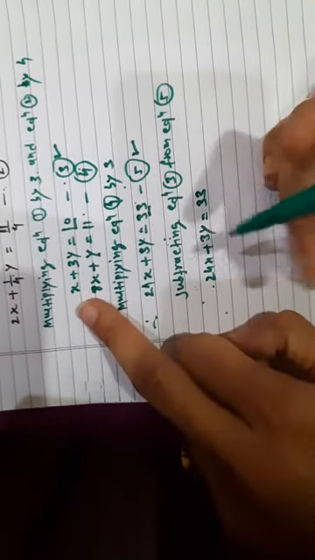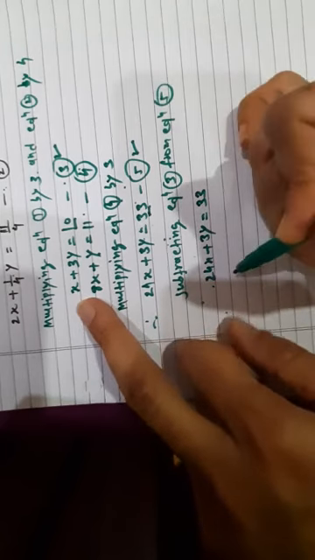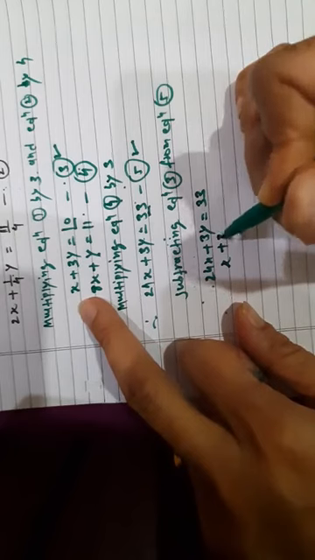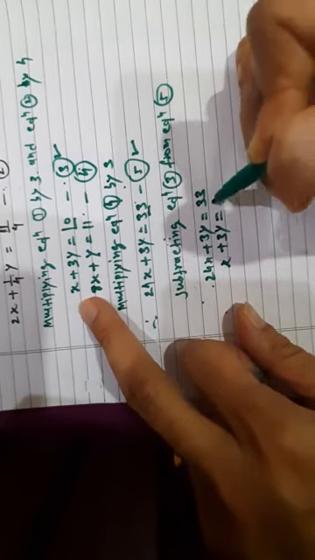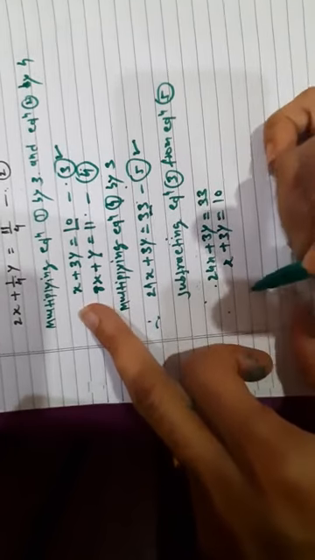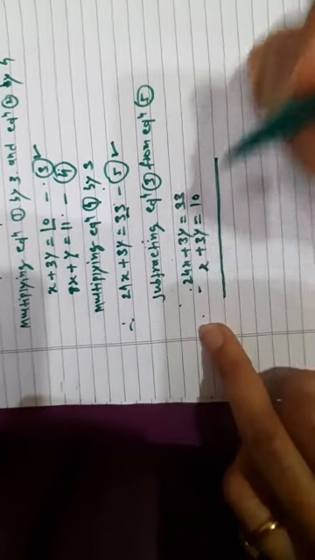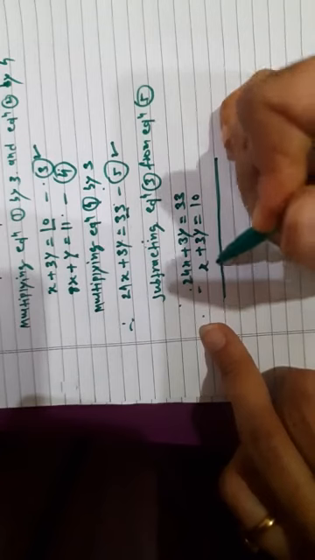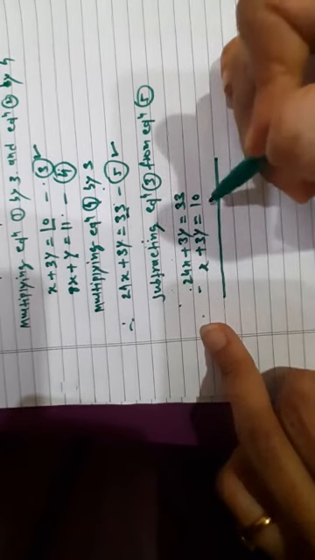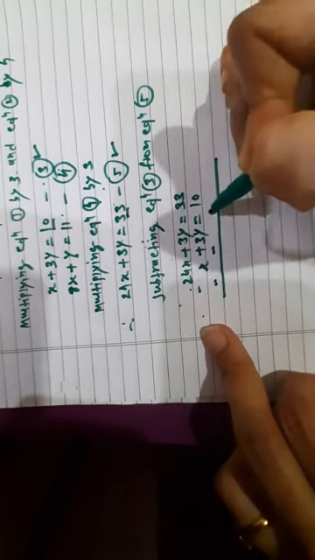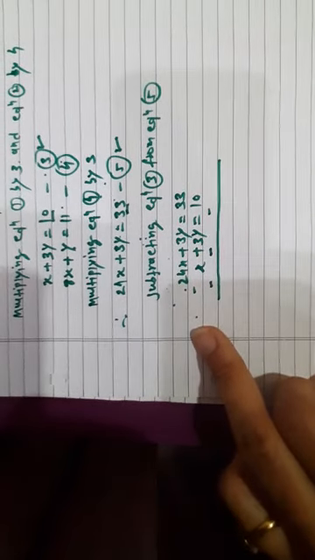Now we write the third equation, which is x plus 3y is equal to 10. Now we take the subtraction. So we change the sign of each term of the second equation. Therefore plus becomes minus, plus becomes minus.